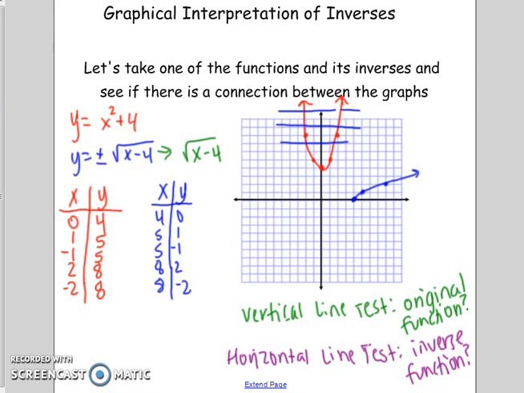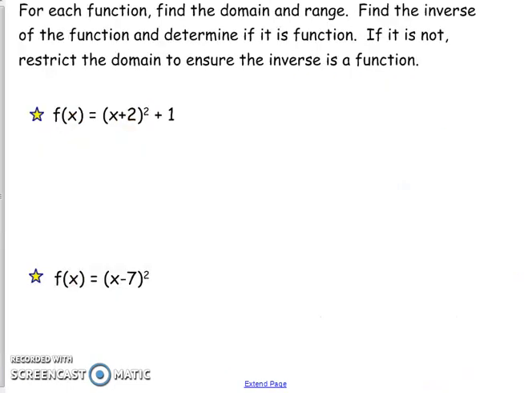So instead of taking plus or minus, if you just take the positive version, that's going to match up with just the positive version of the original graph. So I would have to also get rid of this piece. So now this is a one-to-one function, and we're going to restrict the domain. And I'm going to tell you what I mean with that.